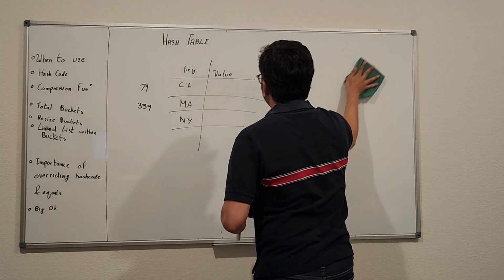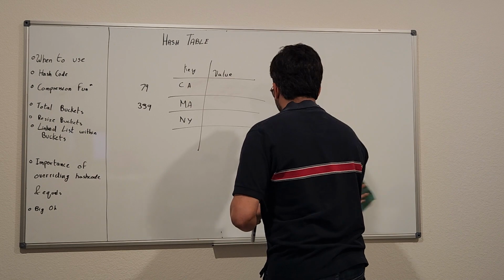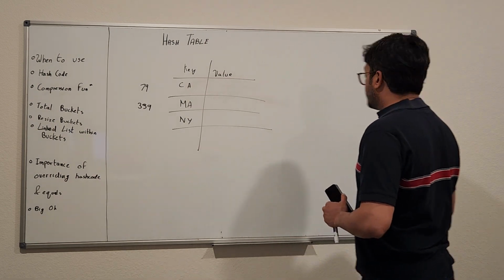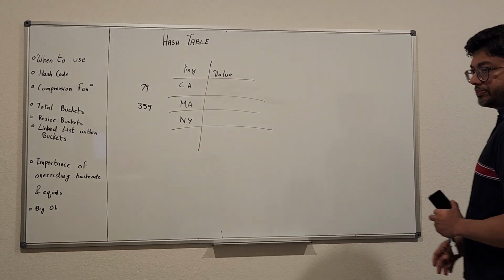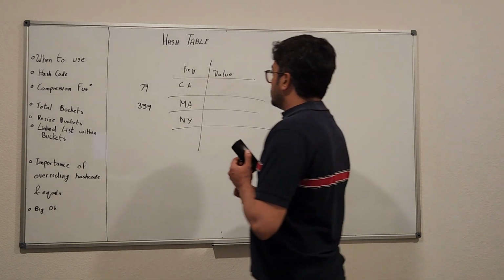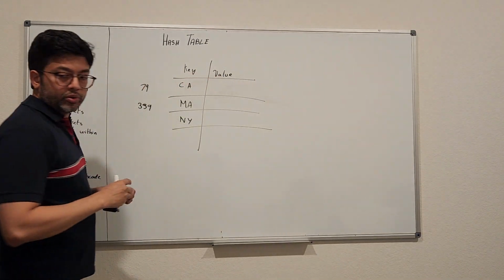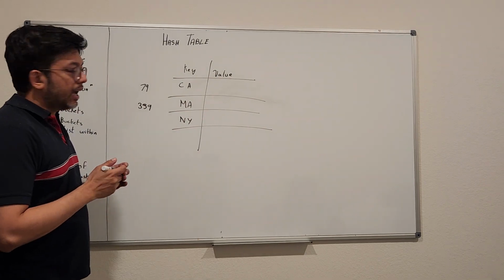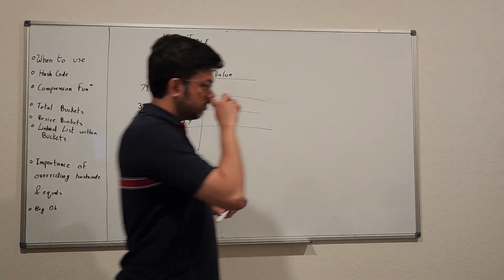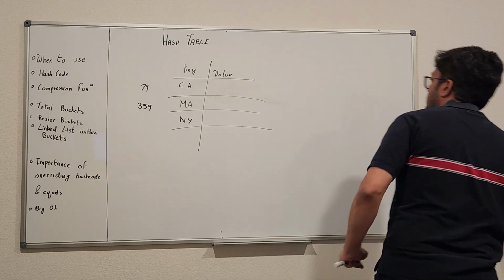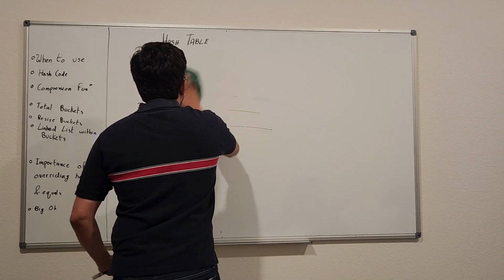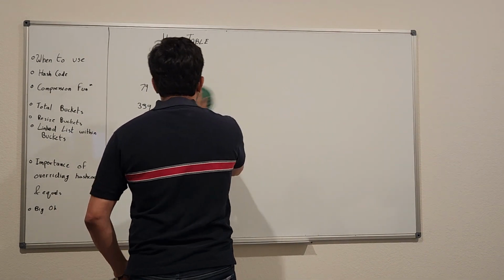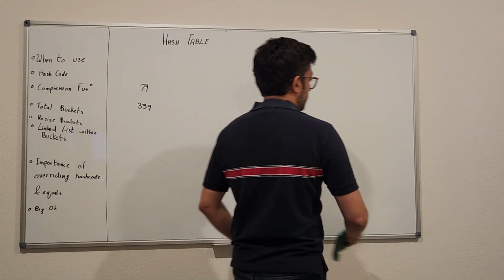Now that we have a hash code for every key, let's see how to create a rudimentary hash table. Suppose now that I know that I can take the abbreviation for any state and convert it into a number. Let's see how I can create a hash table out of it.